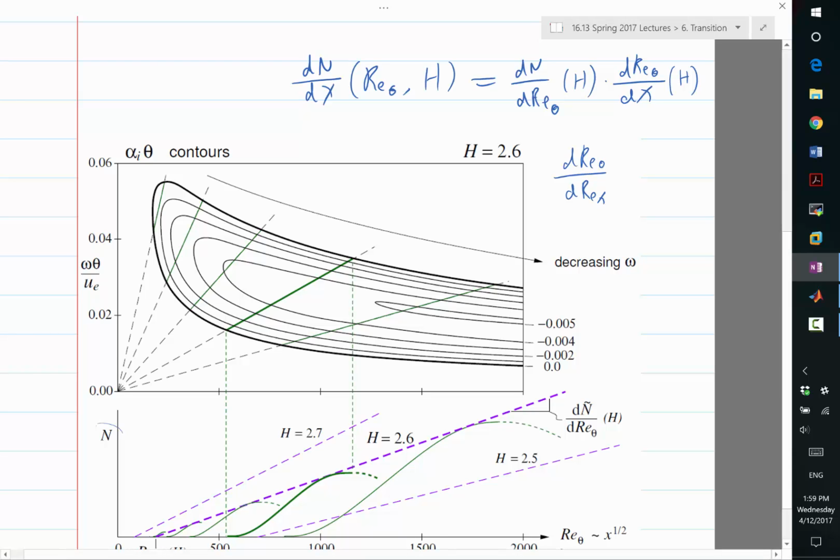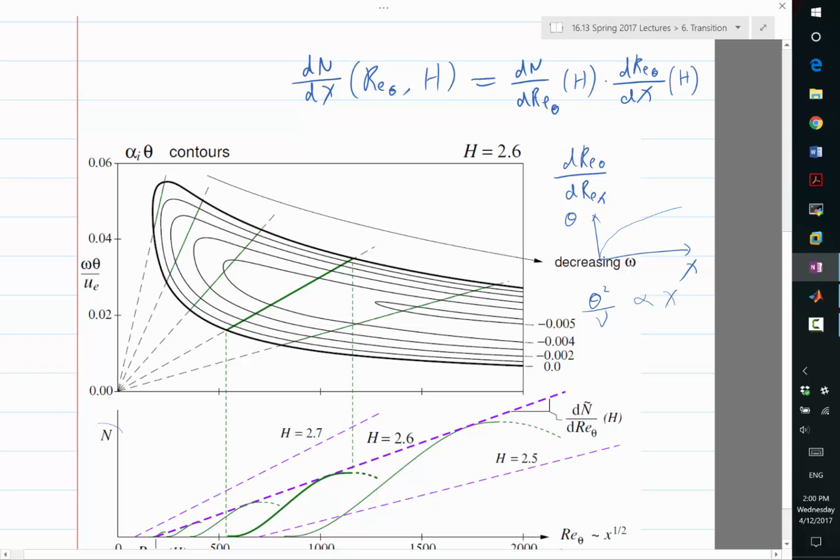Okay, let me try to draw the plot. If this is x and this is theta, the growth is a square root law, right? We expect theta squared over nu to be proportional to x.